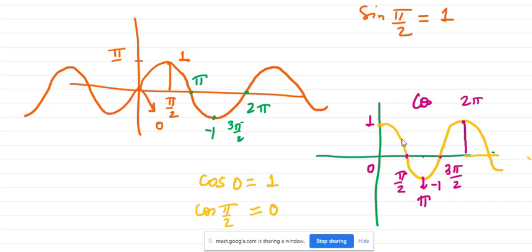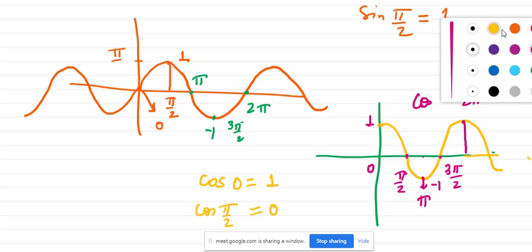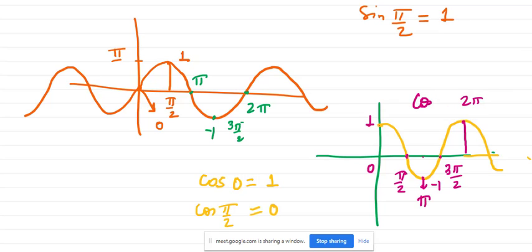Yes, ma'am. With this graph you can also see the range. The range of the function sine is minus 1 to 1. All the values of the trigonometric ratio sine will be between minus 1 and 1, so it can't go more than 1 or less than minus 1.